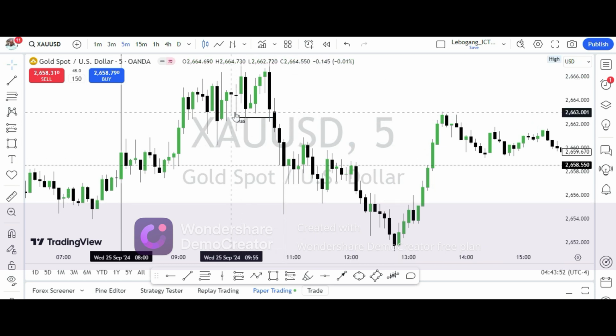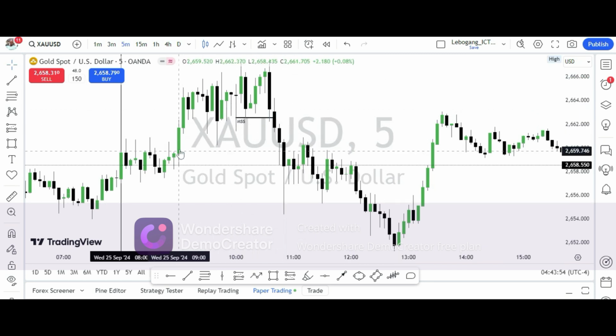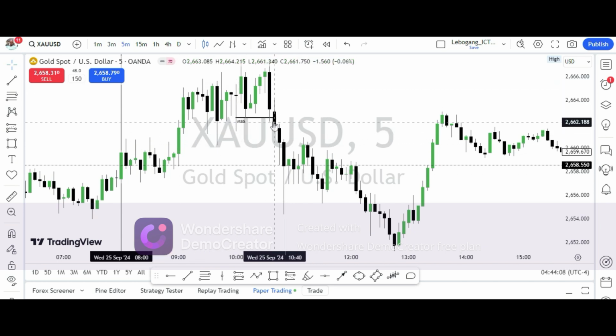Remember, we're testing, so during a move like this, I was not going to enter because I know that I can handle a drawdown, especially in a ranging market. So price gave us a 1, 2, 3, 4. So we're going to use this one, 1, 2, 3.